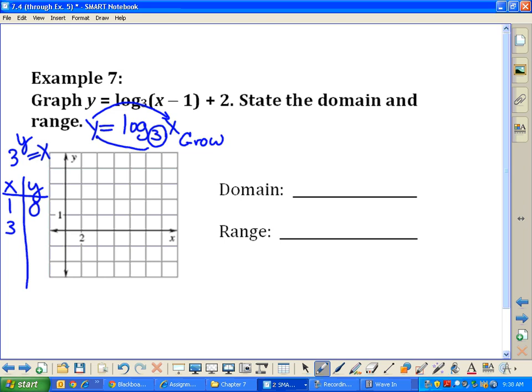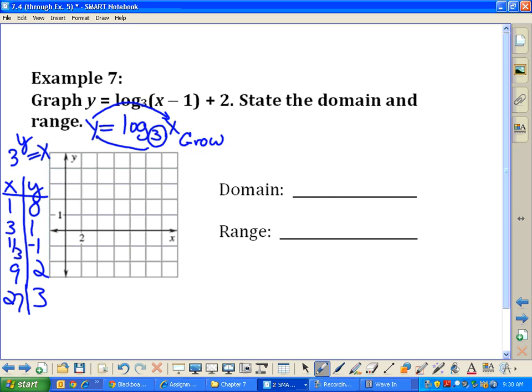If I make the exponent 1, I get 3 back out. If I make y -1, I'd get 1/3. That's not too bad. If I make y 2, I'd get 9, because 3 squared is 9. If I made y 3, I'd get 27, but that's not going to fit. So that one, not so much.